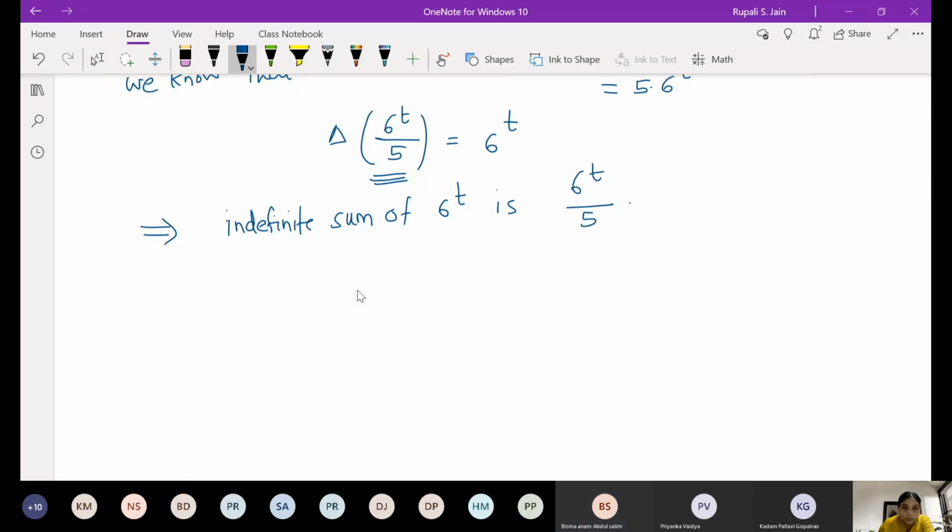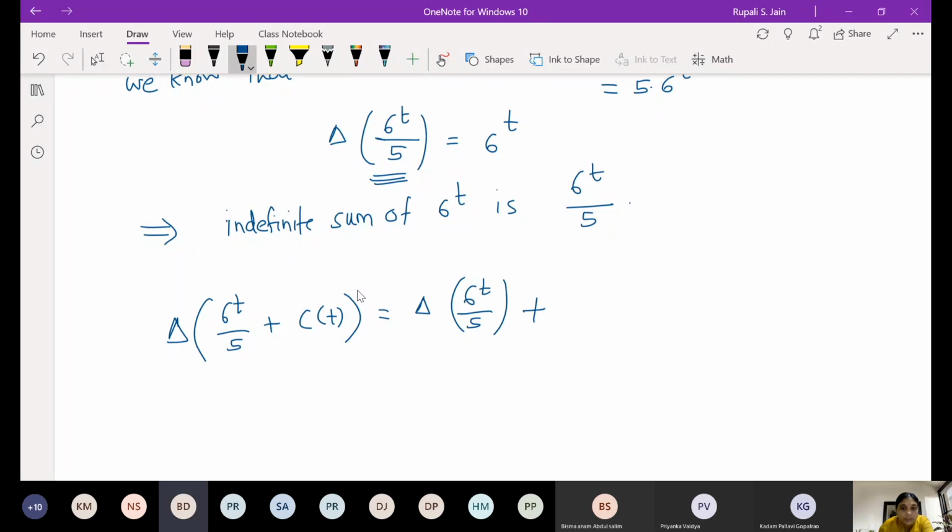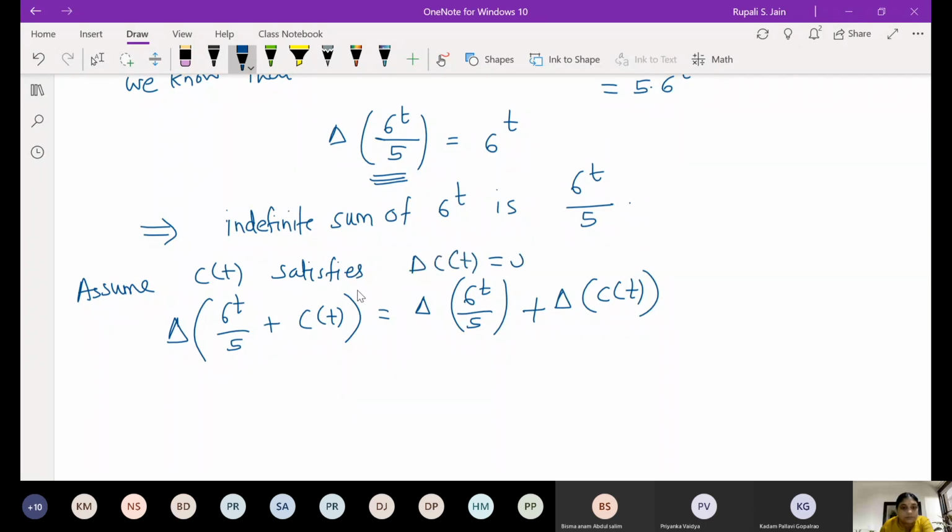So what are the others now? Suppose I take delta of 6 raised to t by 5 plus some function c of t. We know that delta is linear, so delta of 6 raised to t by 5 plus delta of c of t, where we assume c of t satisfies delta c of t equal to 0. It is like a constant.